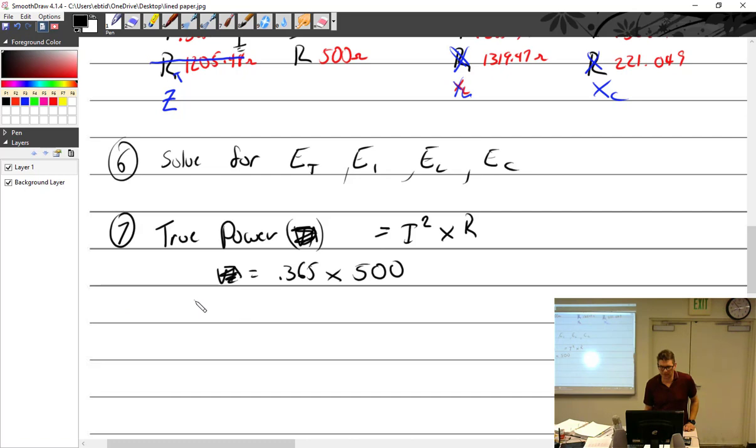True power equals I squared times R, which gives 66.61, 6.61 watts.